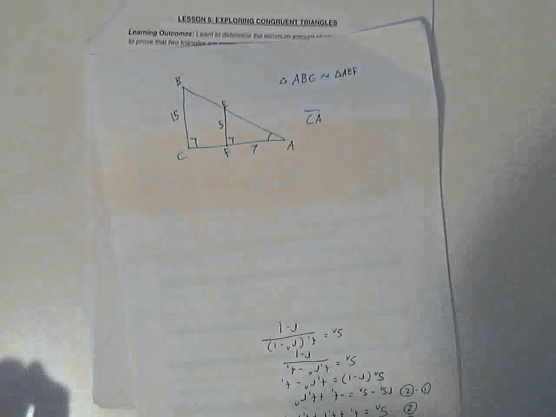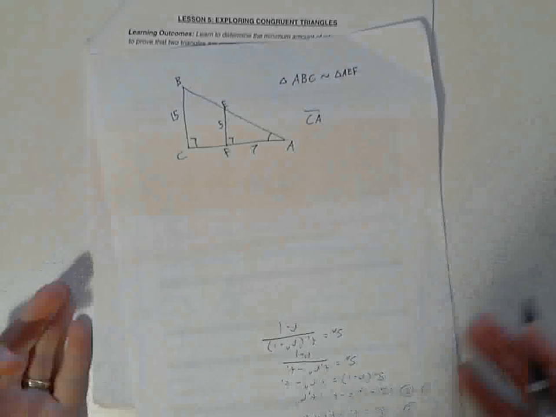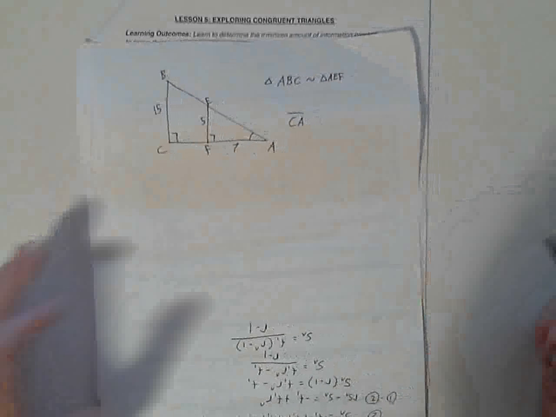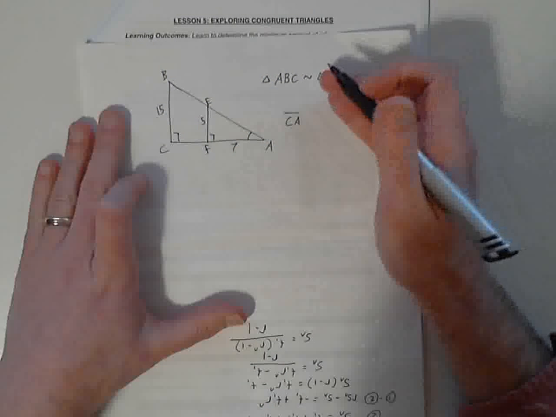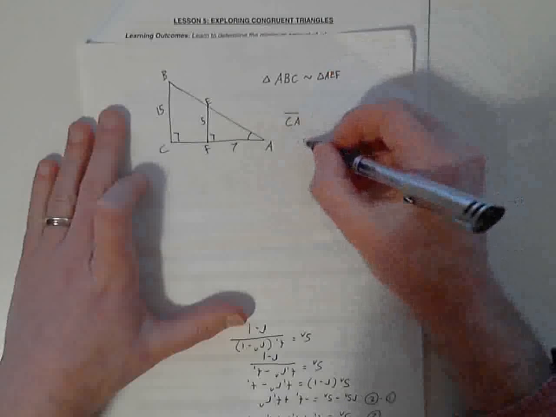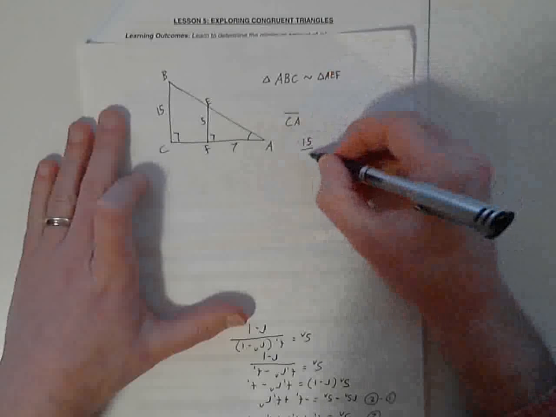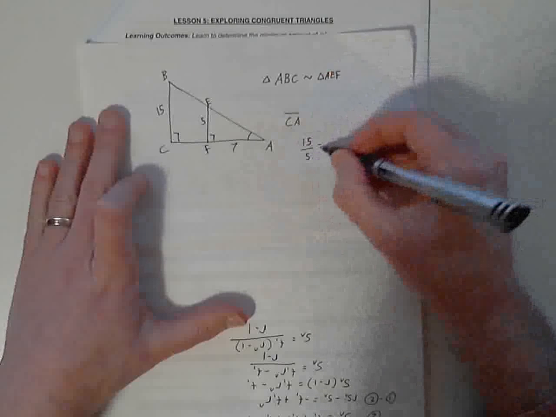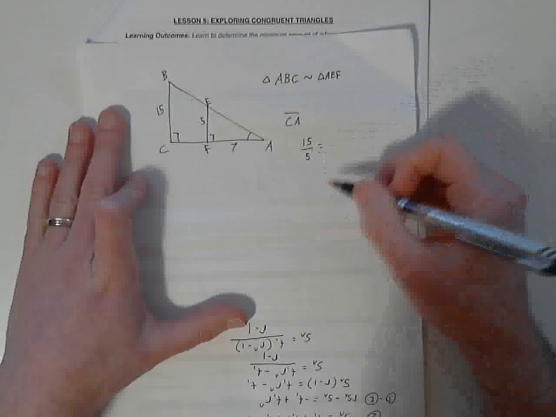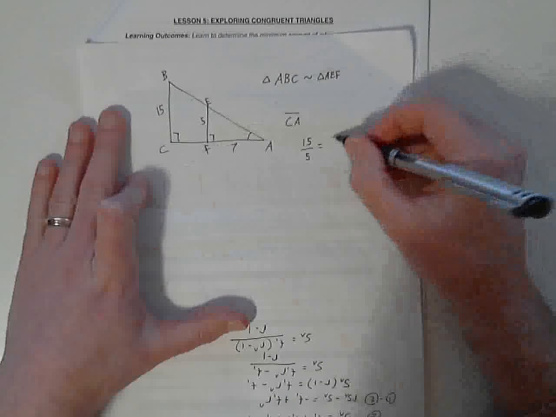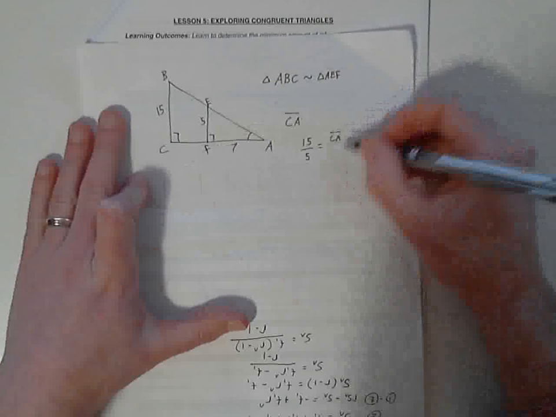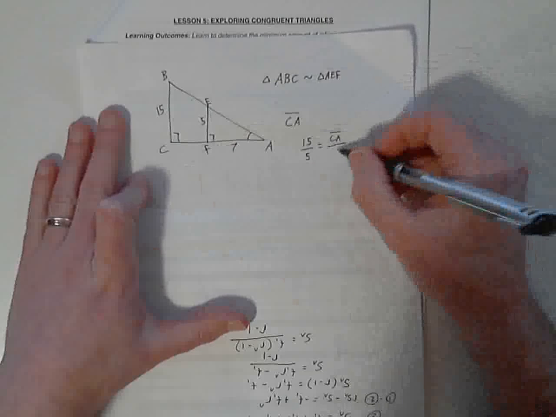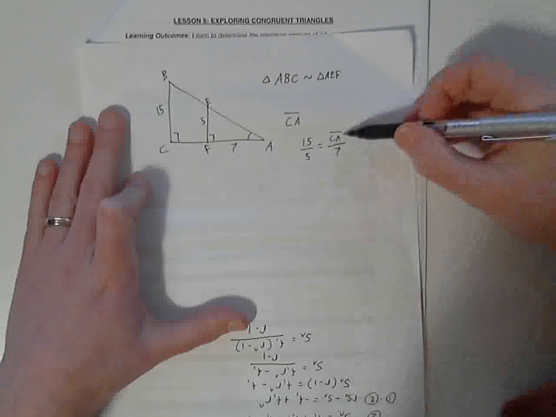So this was also in the proportions unit, so you would have to set things up like a proportion. You would say something like 15 over 5. The ratio of 15 to 5 needs to be the exact same as the ratio from C to A, all over the number 7. So this is our big triangle, this is our little triangle.